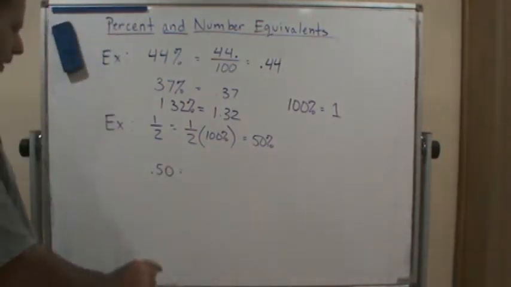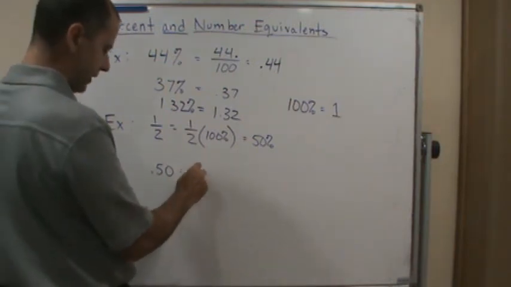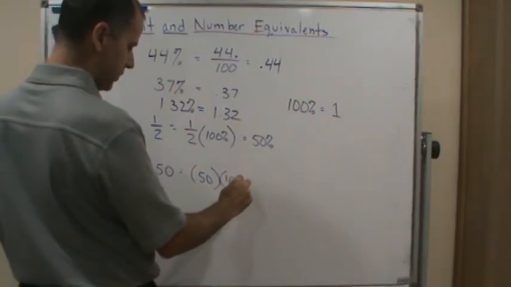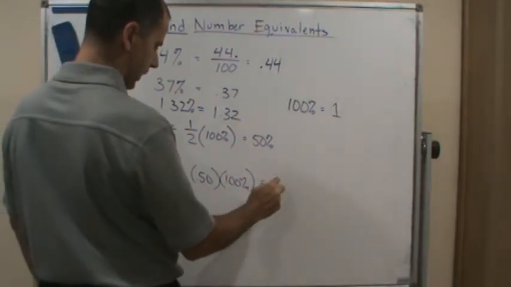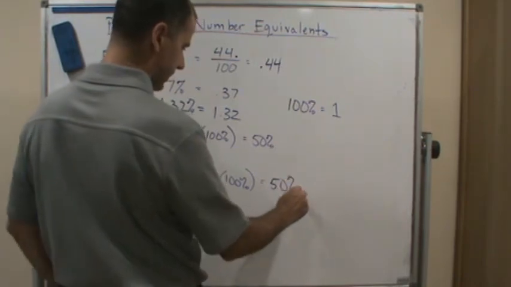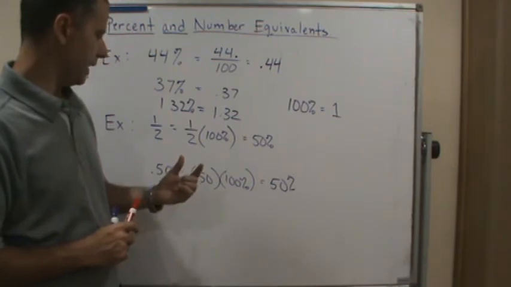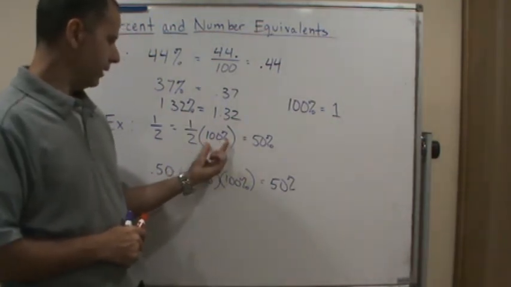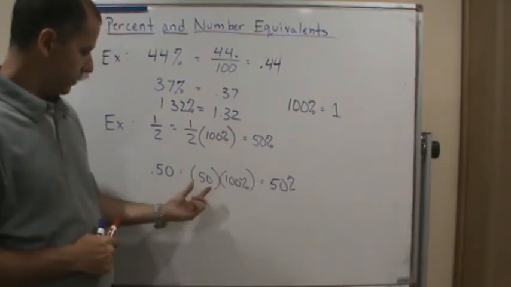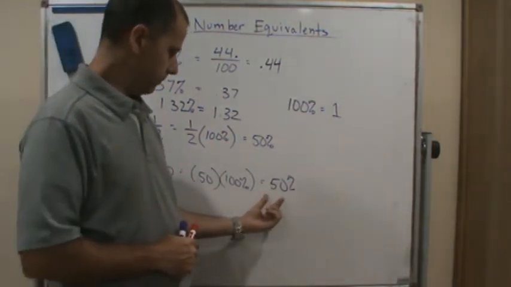Likewise, if I have a decimal, I can do the same thing. I can take 0.5 times 100%, and it makes it into 50%. Look what's going on here though. I'm multiplying by a power of 10. See the decimal 0.5? What does it become? 50.